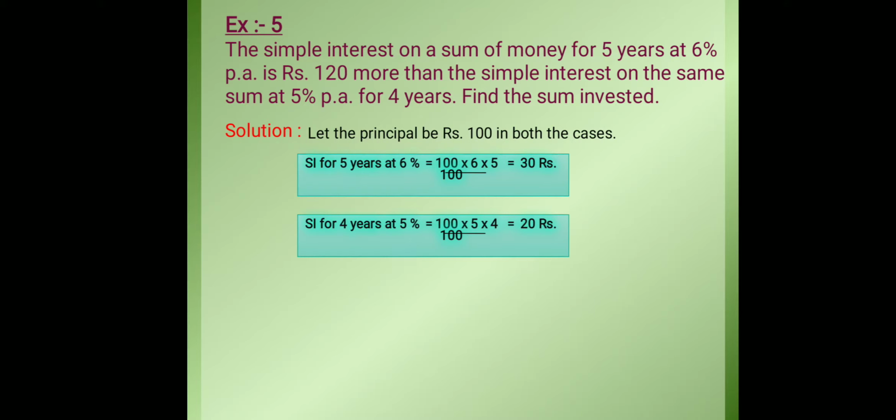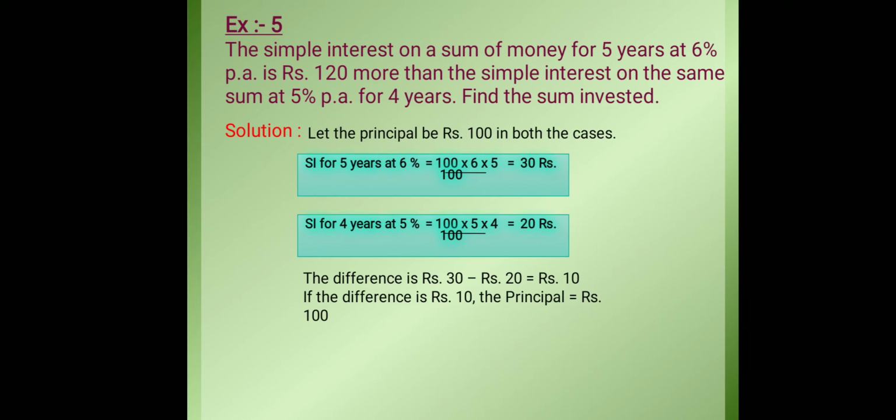Simple interest for 4 years at 5% is equal to 100 multiplied by 5 multiplied by 4 divided by 100. So 100 will be cancelled and 5 fours are 20. So here 20 rupees. So the difference is 30 rupees minus 20 rupees, for 5 years and 4 years, is equal to 10 rupees.